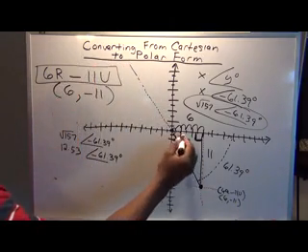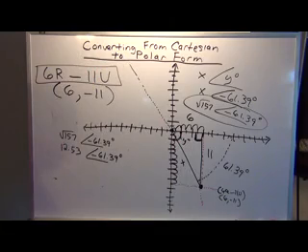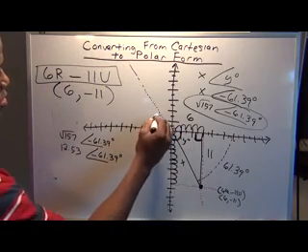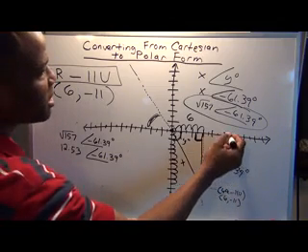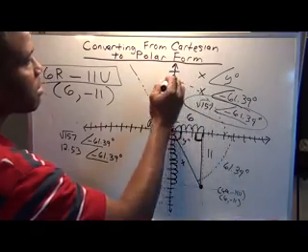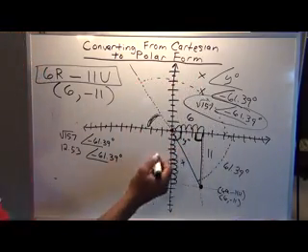And this is 61.39 degrees, so we know that this is 61.39 degrees because that's the vertical angle. So rather than going 61 degrees in the negative direction, we'll go 118.61 degrees in the positive direction.